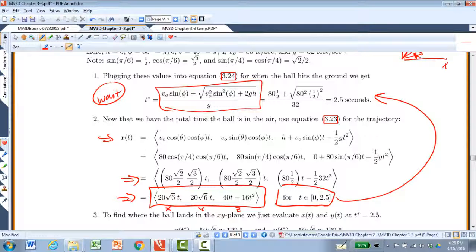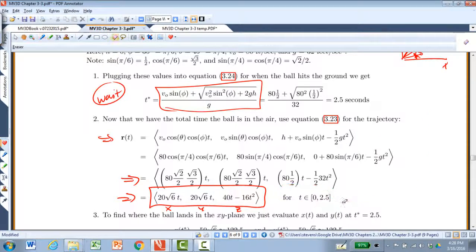It's actually easier to get this 2.5 by looking at the height function. That height function is 40t minus 16t squared. If I set that equal to 0 and solve for t, that's going to be when it hits the ground.